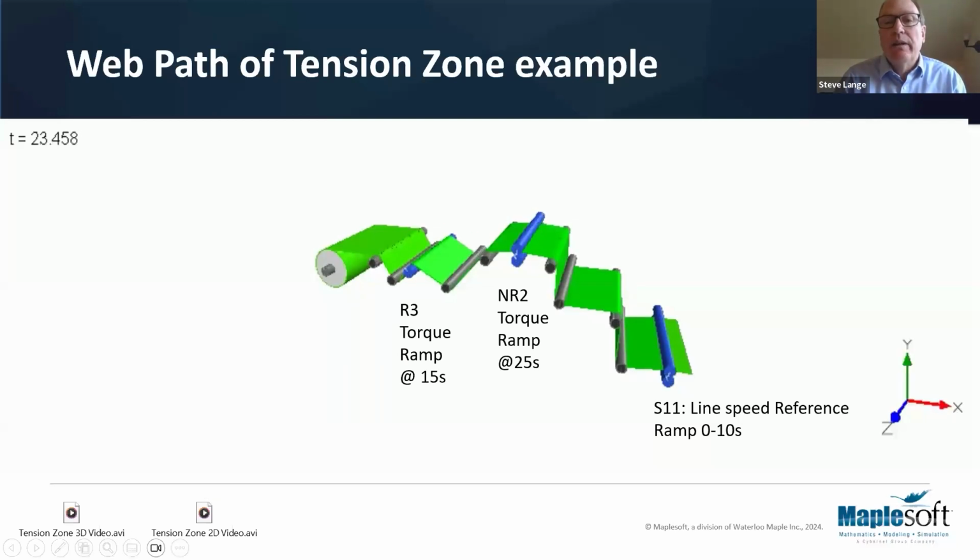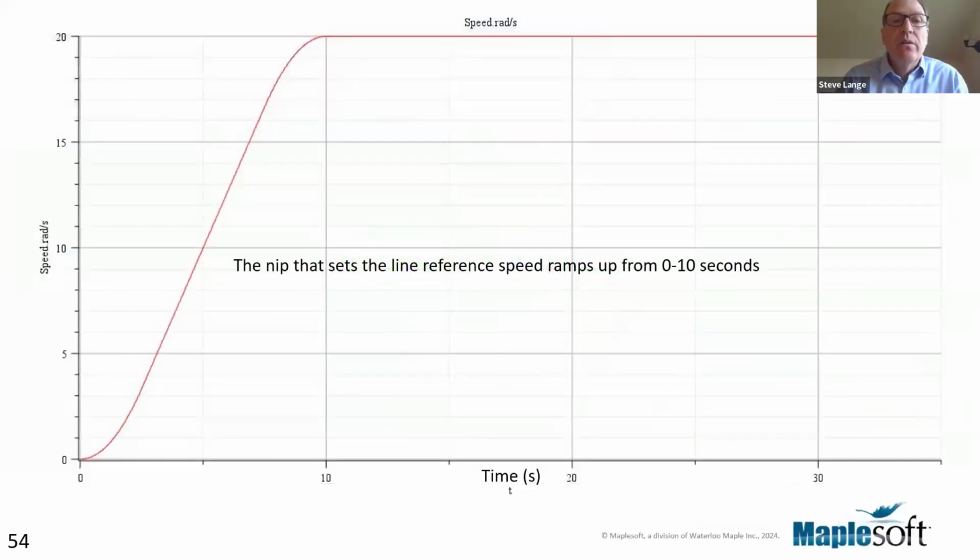And the nip that's pulling the web through the machine, S11, it ramps up in 10 seconds. So we have a lot of things going on here at different times. Not necessarily how you would want to design the path, but this is to illustrate some of the dynamics you can do. So this is the nip speed at S11.